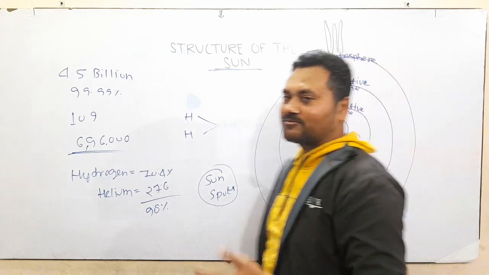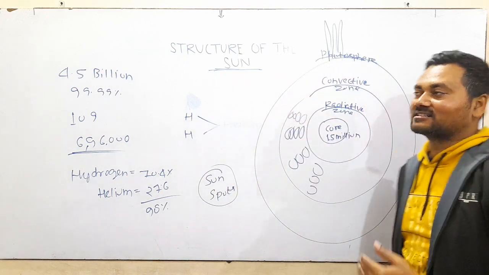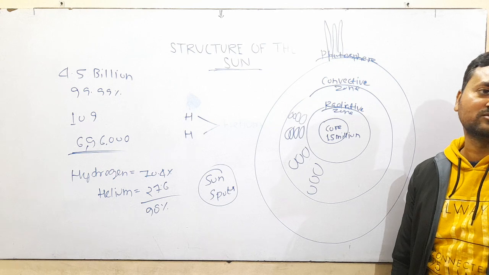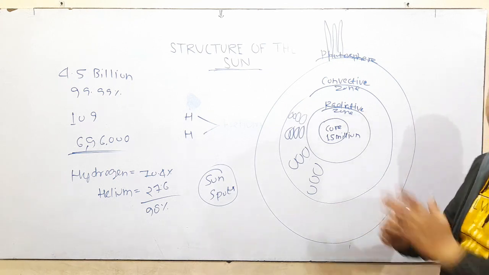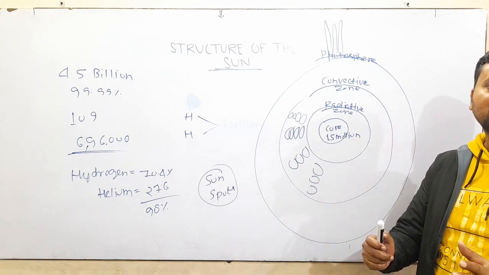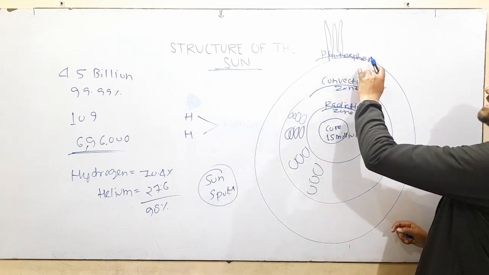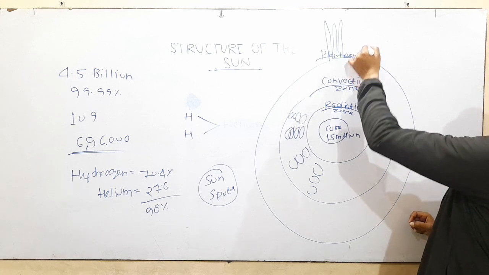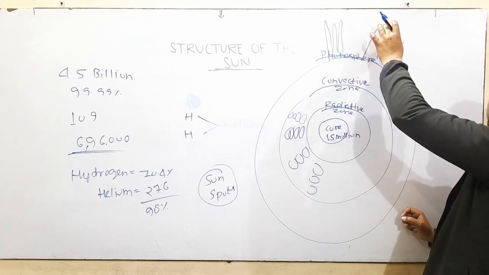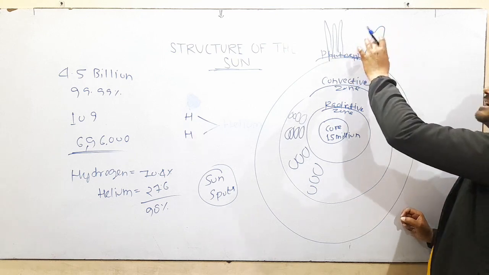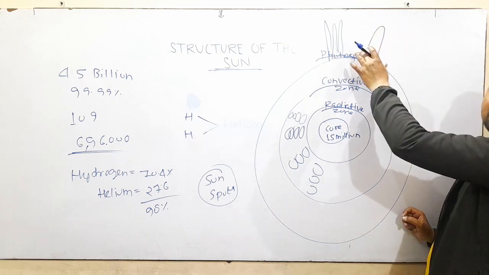And when it reaches 4000, it again comes back to the photosphere. And when they come back, because the temperature is reduced, they create a place. You can understand that this is the solar flame which is going upward, and as the temperature is decreasing, it will come backward.